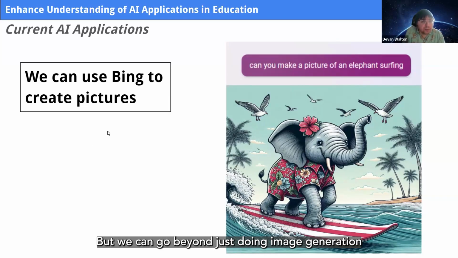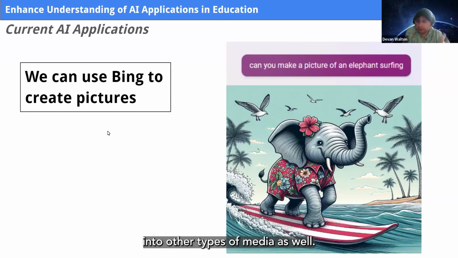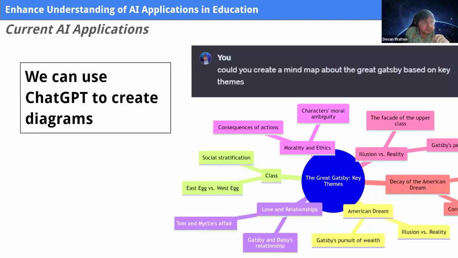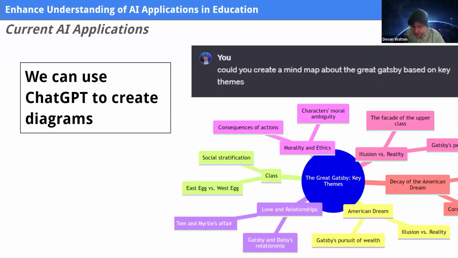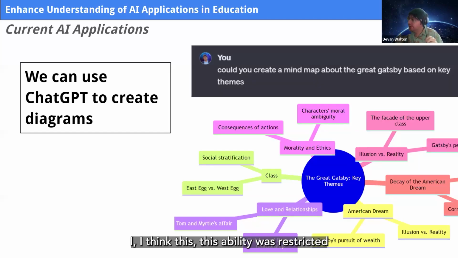But we can go beyond just image generation into other types of media as well. One thing that ChatGPT is capable of doing is creating mind maps and visualizations. Before, I think this ability was restricted just to premium users, but they're slowly expanding this out to the free users as well.